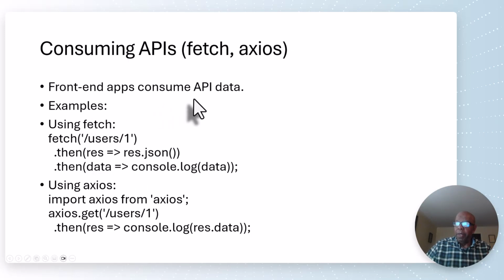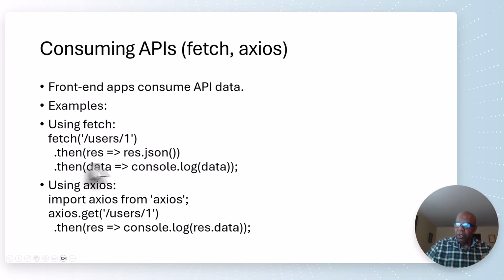Again, consuming APIs. The key thing here is fetch. I'm fetching from the users route, and basically I'm looking for user 1, because that's the parameter that the code in users is going to need in order to give a JSON response.